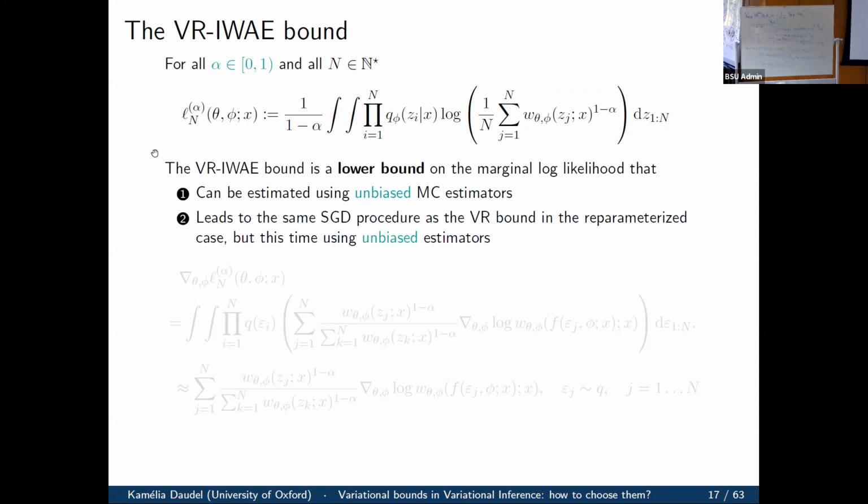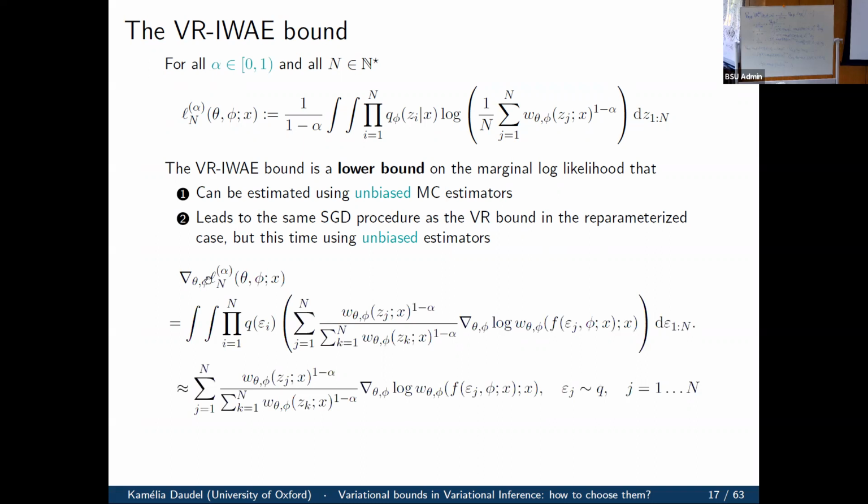Even better, if I take the gradient with respect to theta and phi of this new VR-IWAE bound, here's what I get. Andy, how do you feel about deriving this one? No, I'm teasing. Basically, using the same Lotus rule as before, I replace all those q_phi of z_i by q of epsilon_i, and the log of my renormalized sum of weights, because z is expressed as f of epsilon_i, phi, and x, to the power 1 minus alpha.